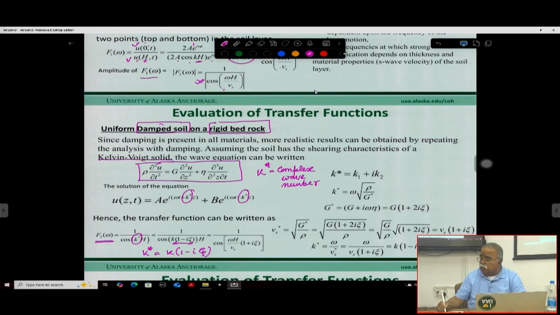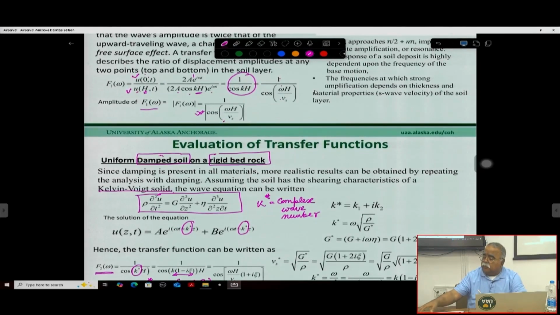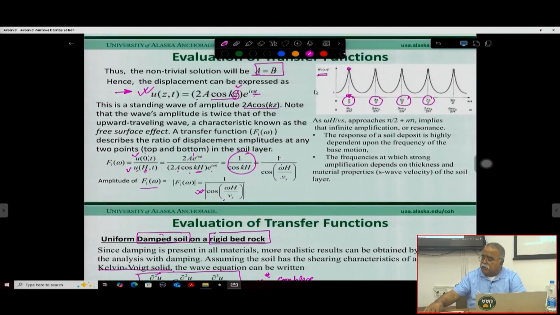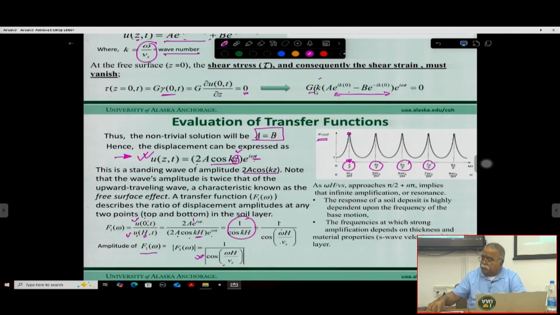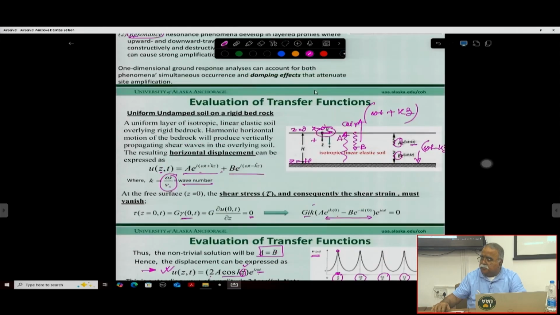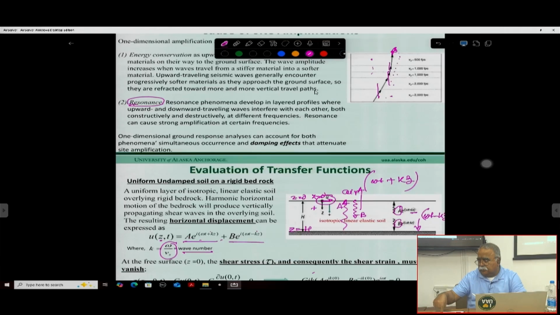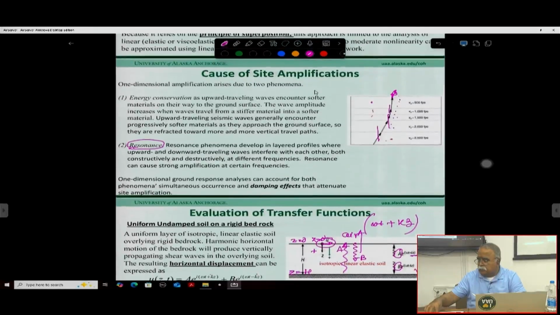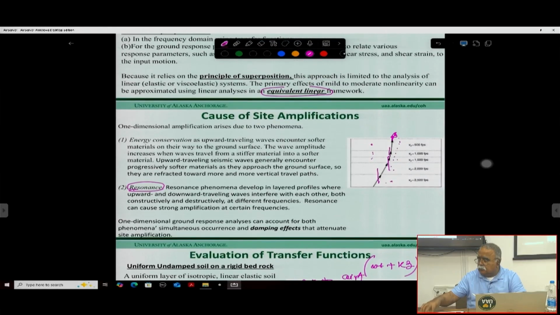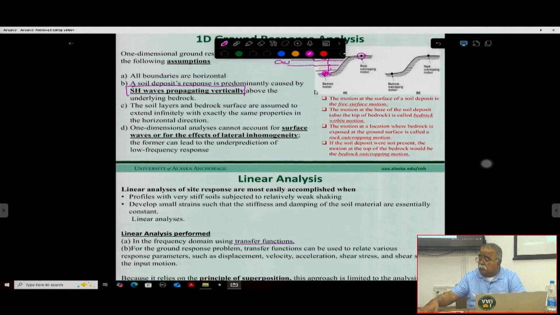So if you can do that, then it is omega h by Vs into k plus i. If you go a few slides back, you can see those equations.